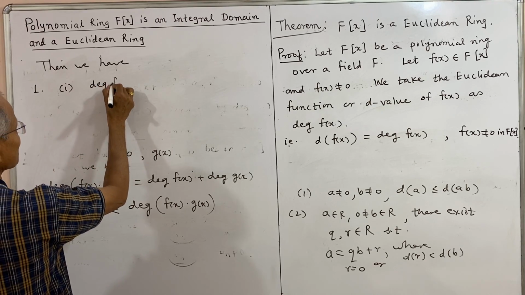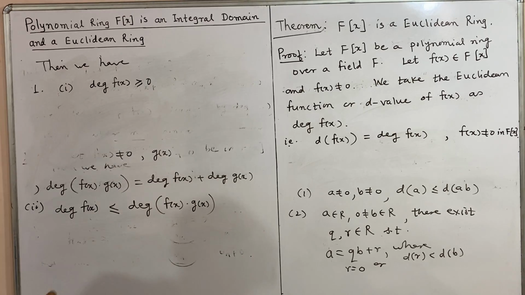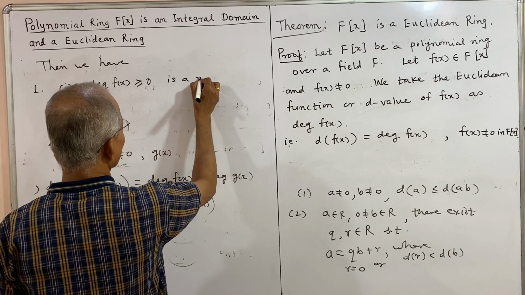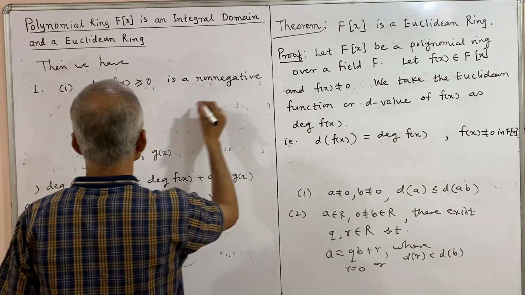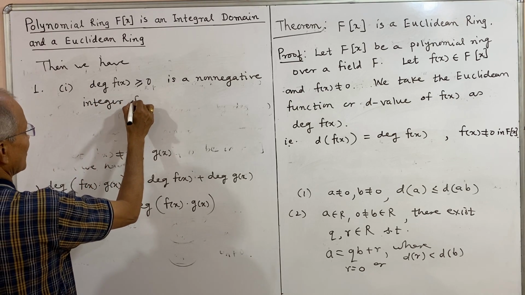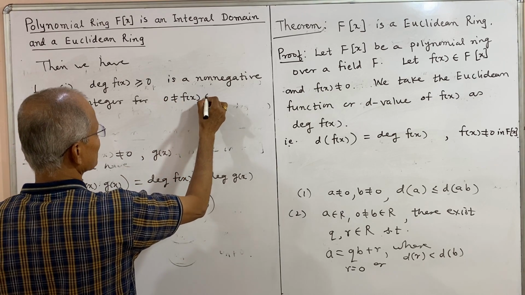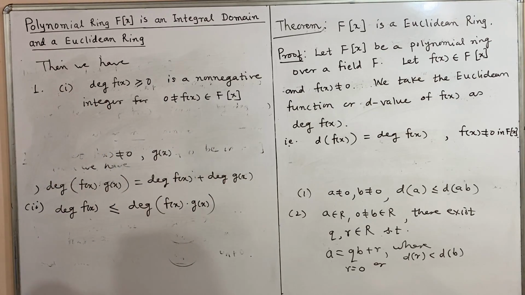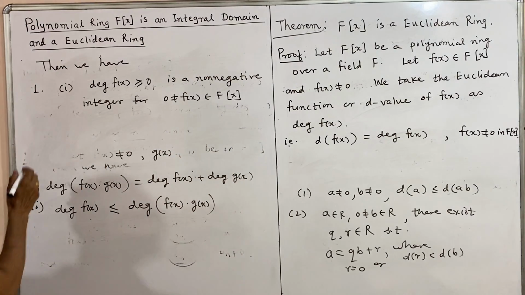The degree of f(x) is a non-negative integer, meaning it is greater than or equal to 0, for 0 not equal to f(x) belonging to F[x], and that satisfies the condition that the d value is non-negative.